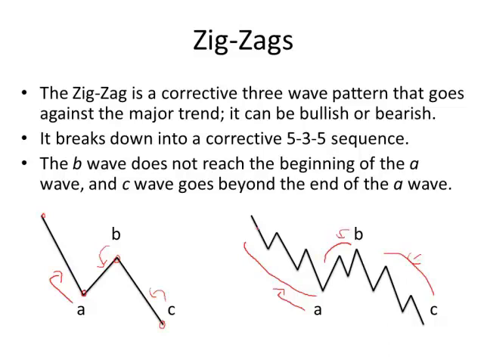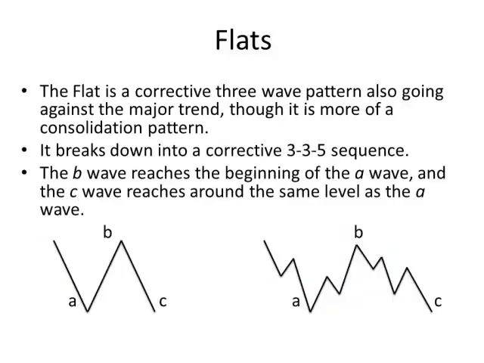You can see there are 1, 2, 3, 4, 5 in the A wave. There's 1, 2, 3 that make up the B wave, and there's 1, 2, 3, 4, 5 that make up the C wave. So that is the 5-3-5 sequence, and this is a zigzag.